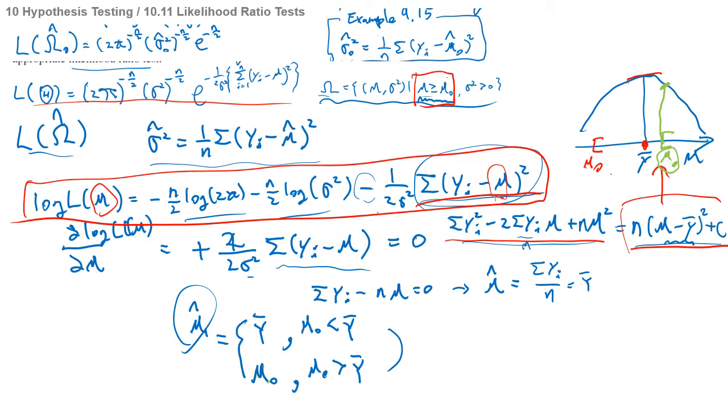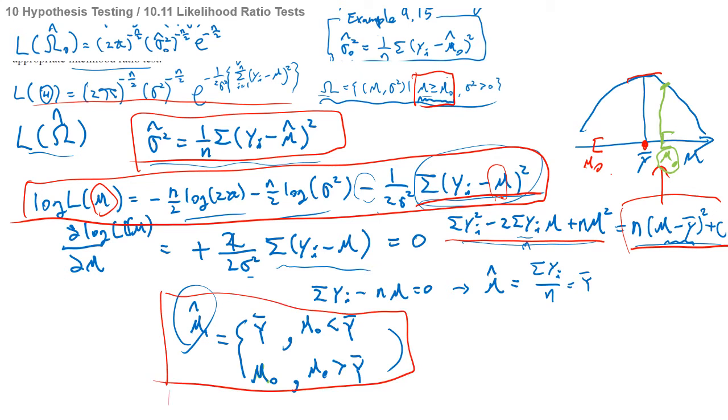So this is mu hat, and our sigma square hat is here, and we have mu hat here. And now let's put our mu hat and sigma hat inside of here.